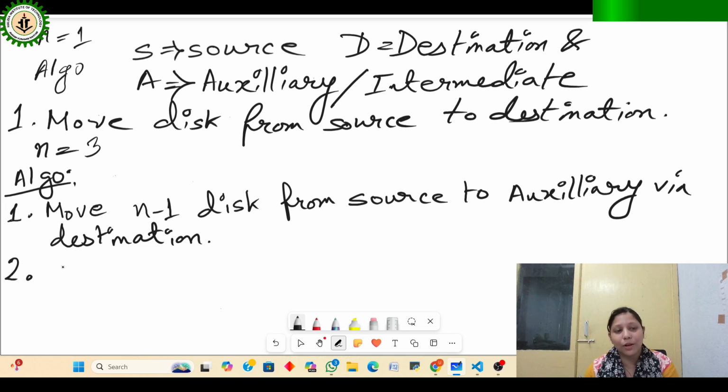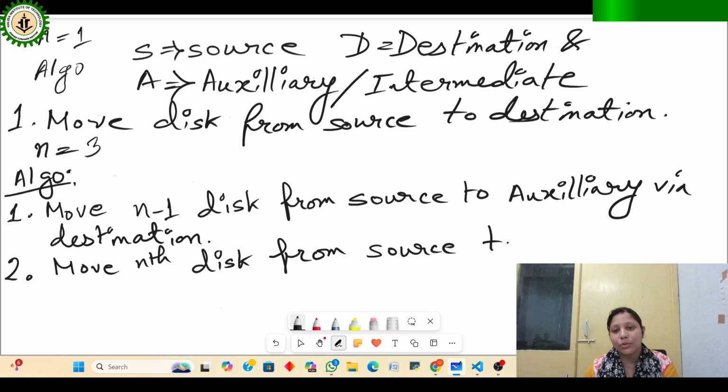Next one will be, move nth disk from source to destination, and the third one is, okay, let me show you this first line.